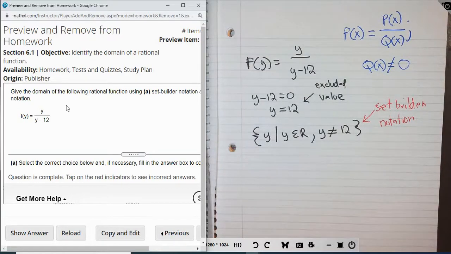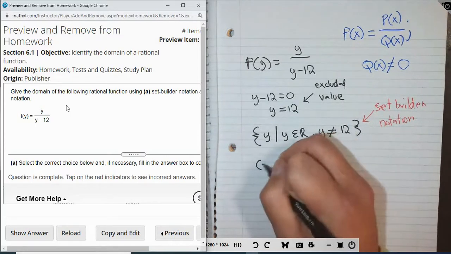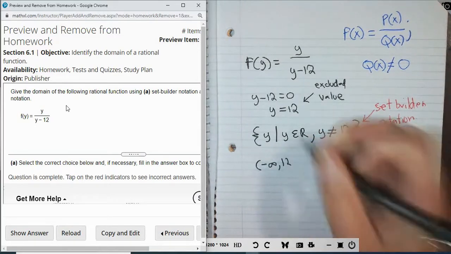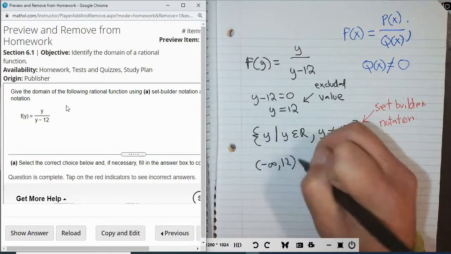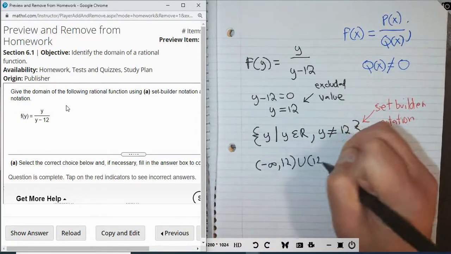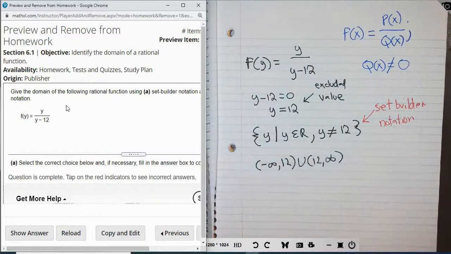Now let's put it into interval notation. And remember, interval notation was using the brackets and the parentheses and the infinities and negative infinities, as well as that union symbol. So this domain of this in interval notation, we would say negative infinity to 12 union 12 to infinity, right?